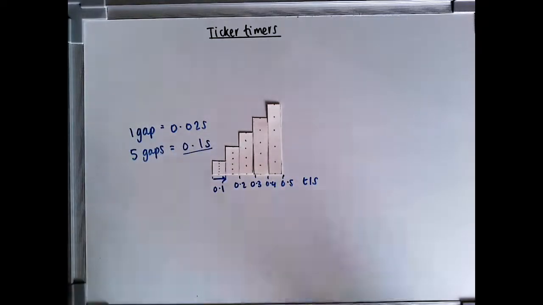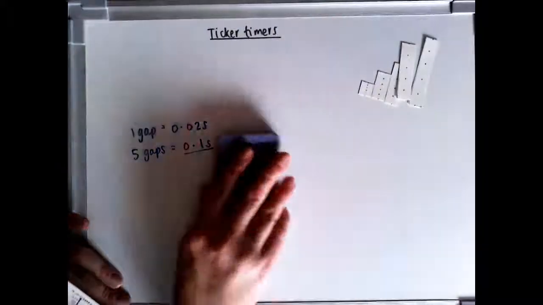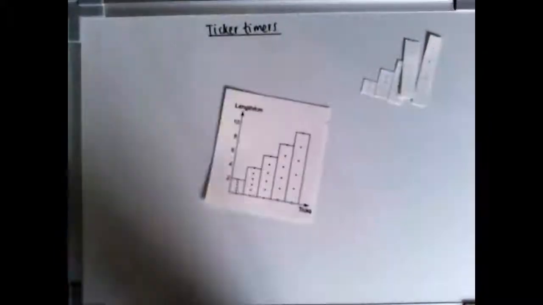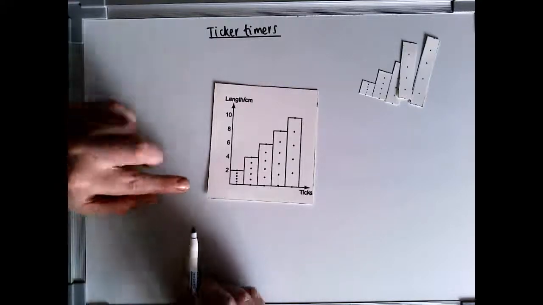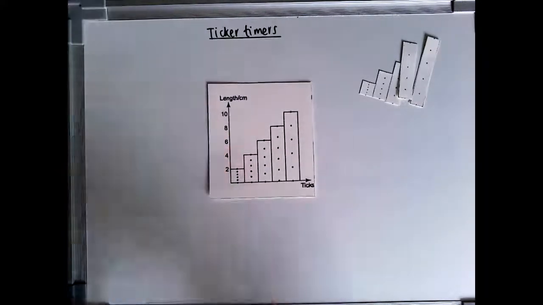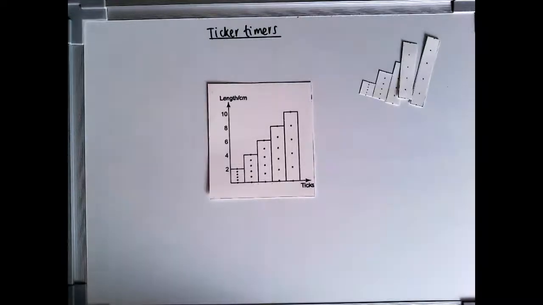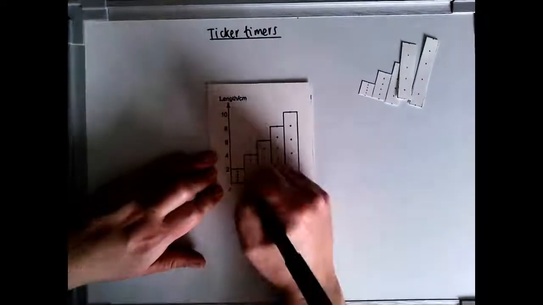Okay, I've actually printed one off to make this a bit easier. So, I can also physically measure the length. Now remember that I said that we know the time value here. This was time 0.